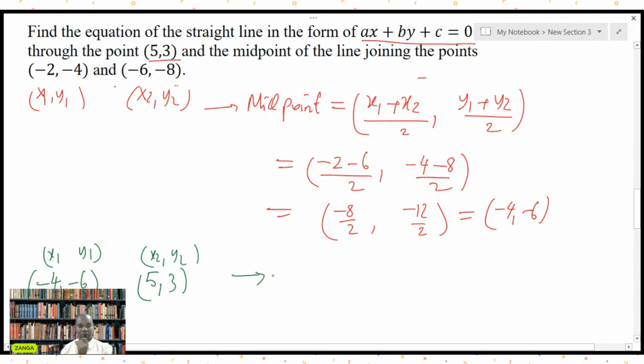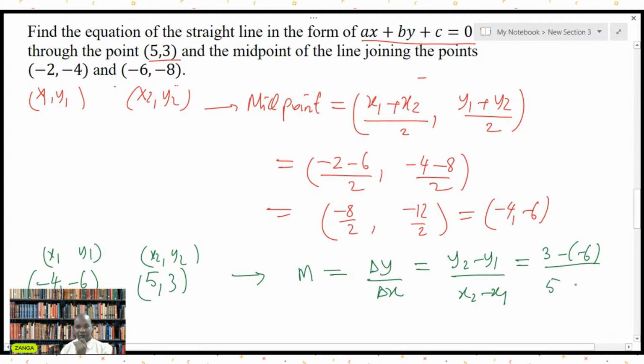So what you do, first of all, you have to find the slope, and the slope is change in y over change in x. So we're taking y2 minus y1 over x2 minus x1. You find the difference and you'll be getting 3 minus negative 6 divided by 5 minus negative 4.